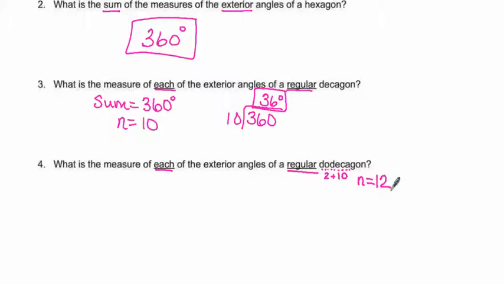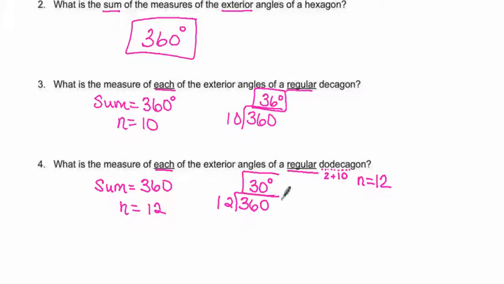Dodeca. 2 and 10 make 12. Okay, so we know the sum of the measures of the exterior angles is 360. I know n is 12. So I take 360 divided by 12. And that tells me the measure of each of those exterior angles is 30 degrees.